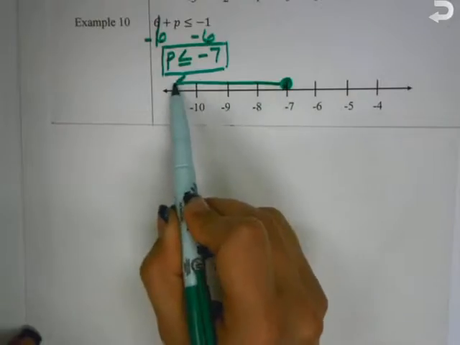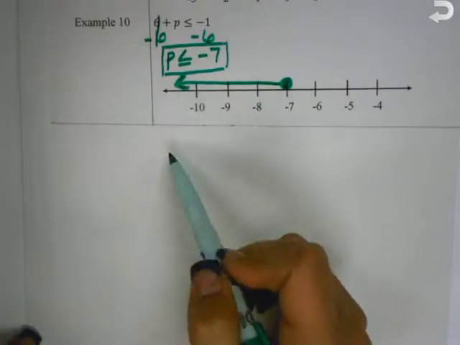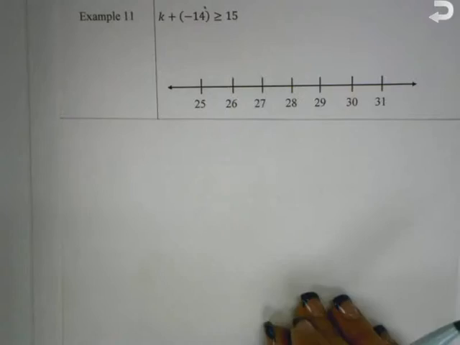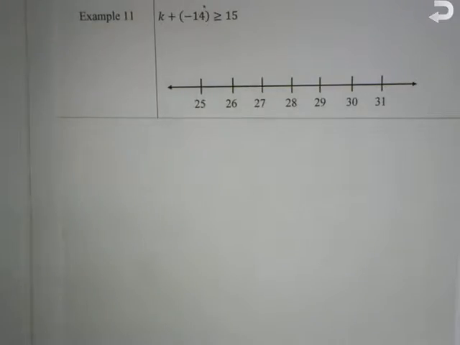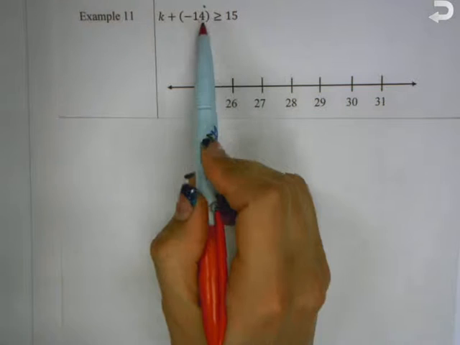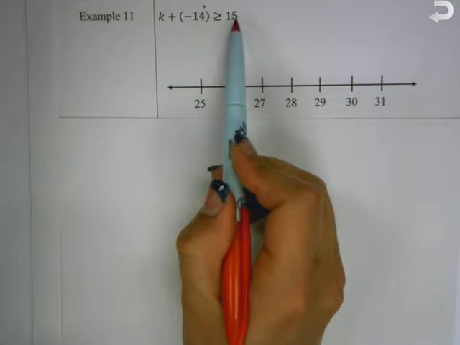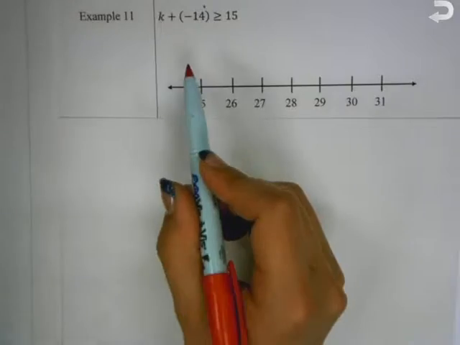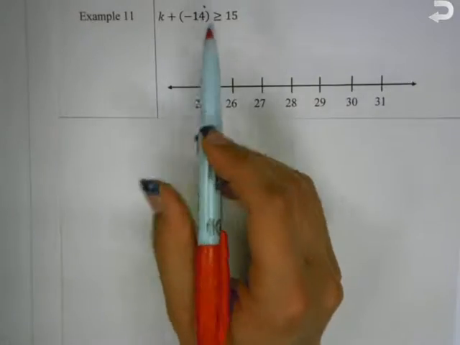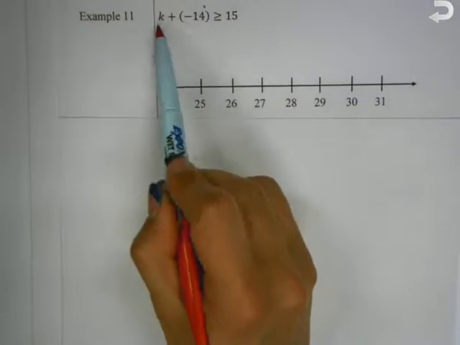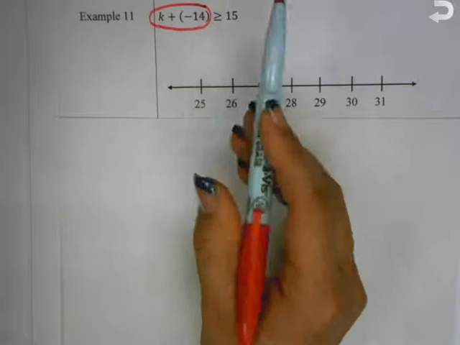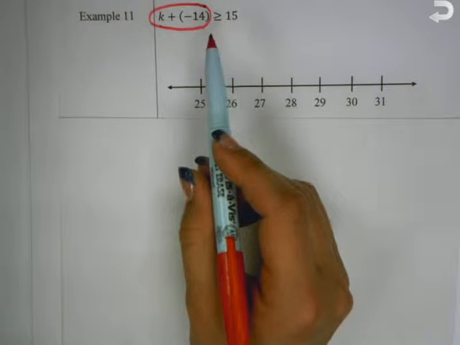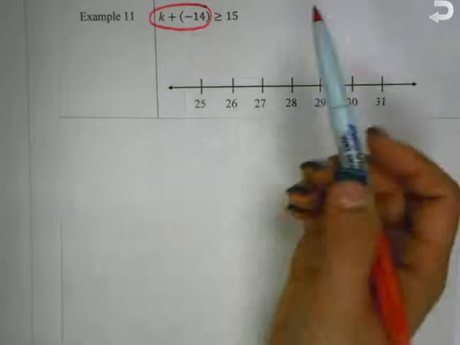Okay, example 11. K plus negative 14 greater than or equal to positive 15. Okay, so for this problem, the first thing I want to do is I want to simplify that left-hand side. This left-hand side is not as simplified as it can be, right? If I have plus negative, that's the same as k minus 14 greater than or equal to 15.